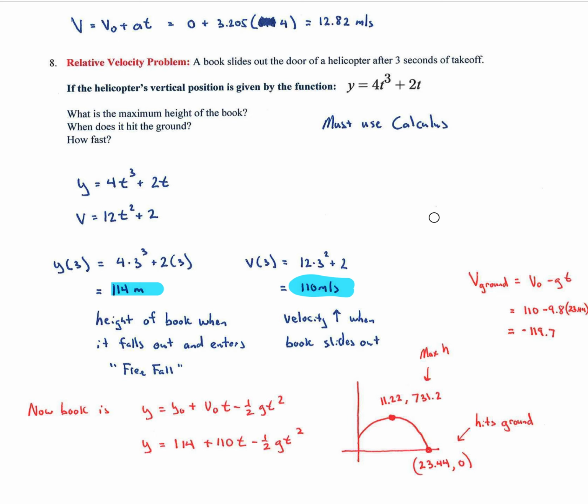When the book slides out of the door of the helicopter, at that moment, it is still going the speed of the helicopter. Now, it no longer will accelerate upward, but it's still going to move upward until gravity slows it down. Again, that's the velocity of the book as if it was launched, because, well, it is going that fast when it slides out.